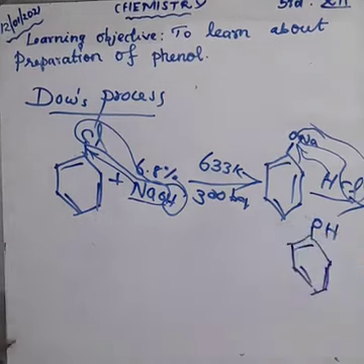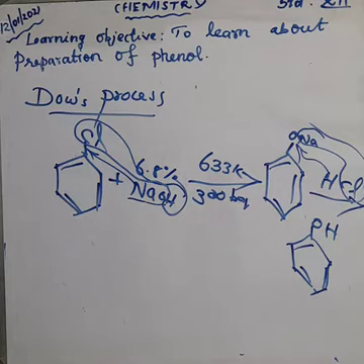Dow's process is a very, very important question. Please all of you try to learn this question. How will you prepare phenol by Dow's process? First, chlorobenzene reacts with 6.8% sodium hydroxide at a temperature of about 633 Kelvin and a pressure of about 300 bar.